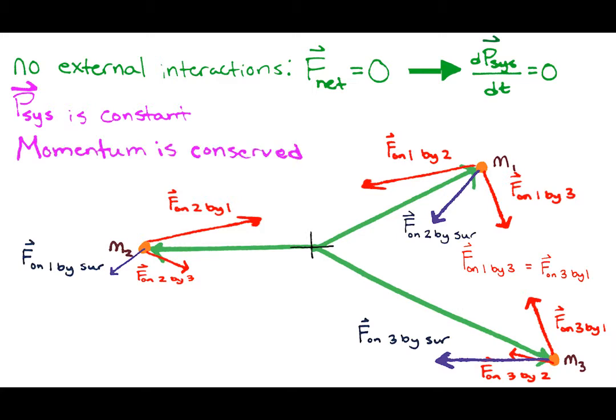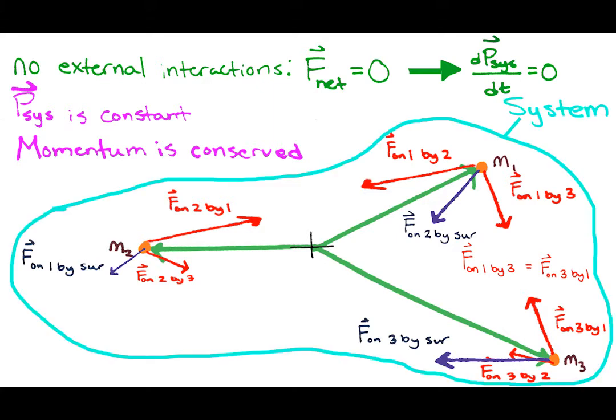Notice this is true even if the particles are pushing and pulling on each other, and individual particles in the system could be undergoing changes in their momentum. The overall system momentum can't change as long as the net external force is 0. Now, since we have the flexibility to choose what we call our system, we can often choose the system to include everything that interacts with each other, so that we end up with a situation where the system momentum is constant in time.